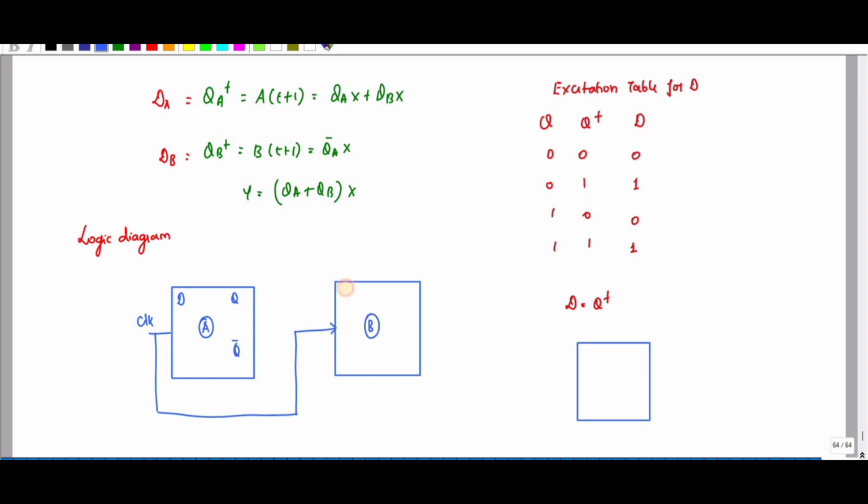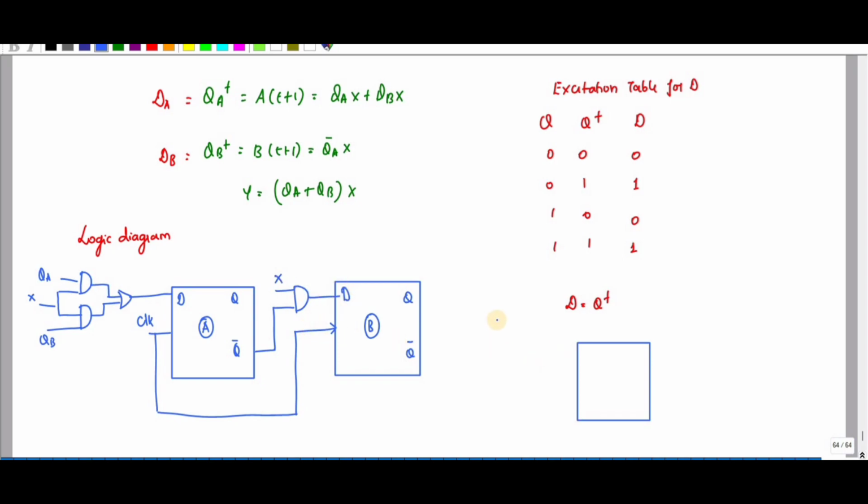So what is DA? DA is nothing but QA x and x into QB, which are added using an OR gate and given to D. Similarly, QA' x is given to DB.